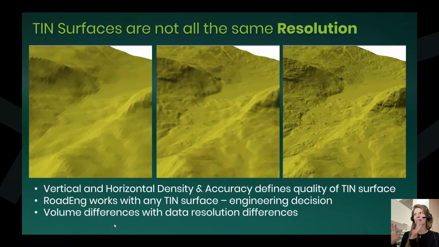We just wanted to put this in as a reminder to everyone, as you're working with data and creating surfaces, to be aware that not all TIN surfaces are the same. In our haste of preparing this webinar, we were hoping to have an example of this one for you guys.